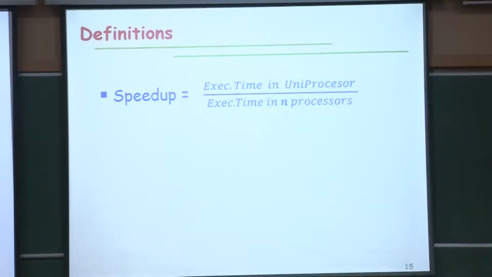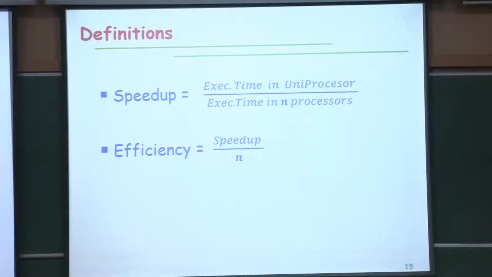Ideally speaking, if I am running a program on n processors, I would expect to get a speed up of n in the ideal case. It may not be n, it may be less than n, but ideally speaking I would like to get a speed up of n. That is how speed up is defined.